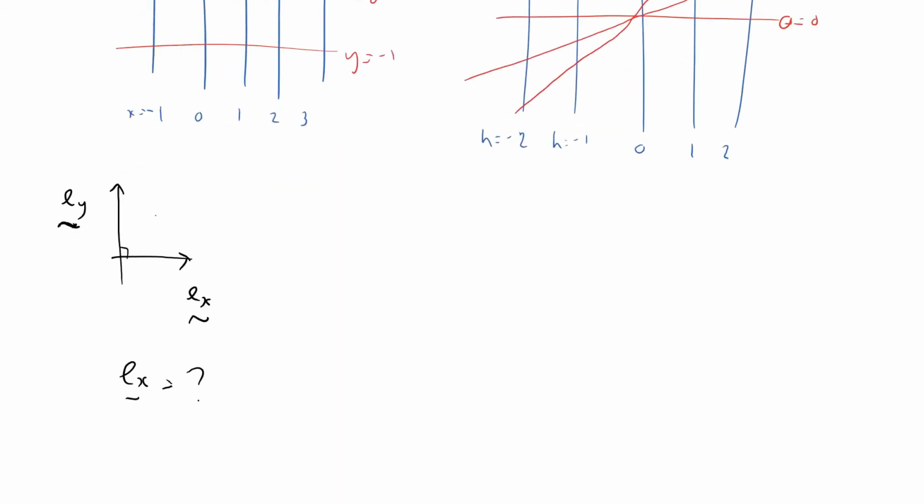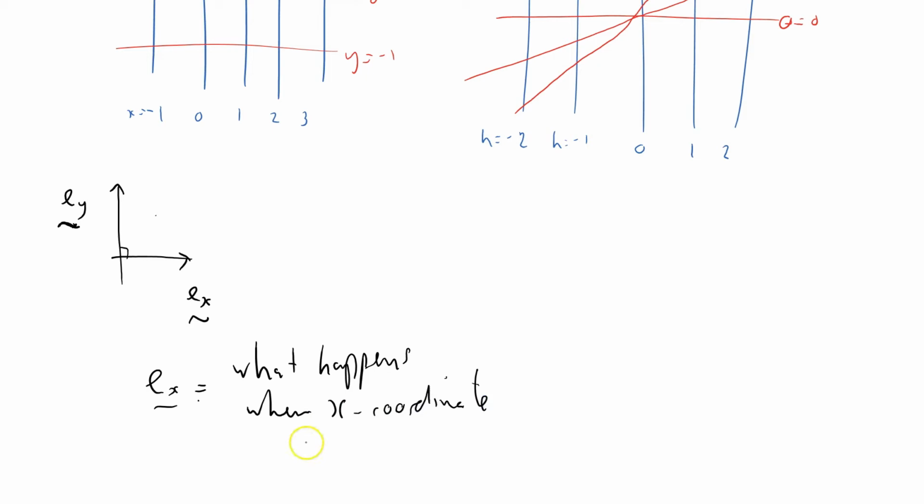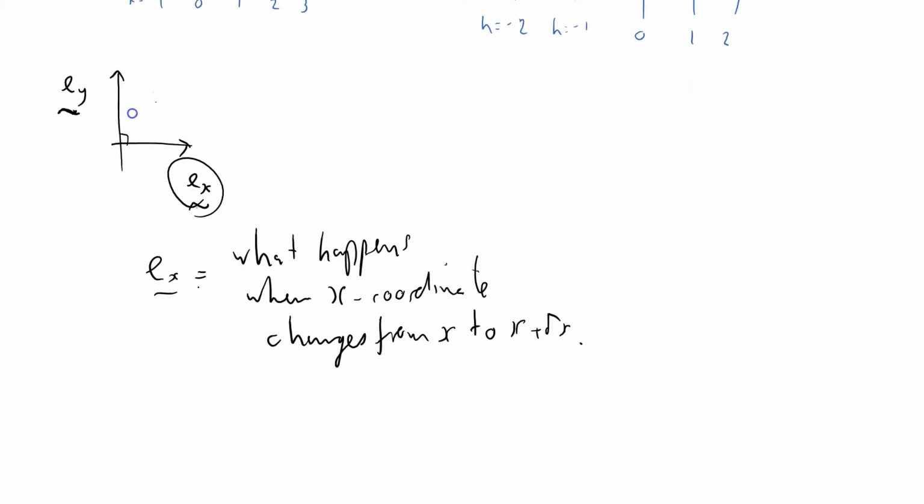And the way I think about it is that EX with a little line under it equals what happens when the x coordinate changes from x to x plus delta x, keeping everything else constant. So you might be here and then you change x a little bit and you move along here, and that's what I mean by this EX.